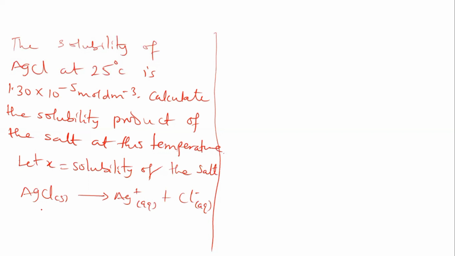Now, if the amount that dissolved is X, then this one is going to be X, and this one is going to be X. We write the equilibrium constant expression for the process, which is going to be Ag plus times the chloride ion. The solid does not appear in the equilibrium constant expression. So this one is X, this one is X.